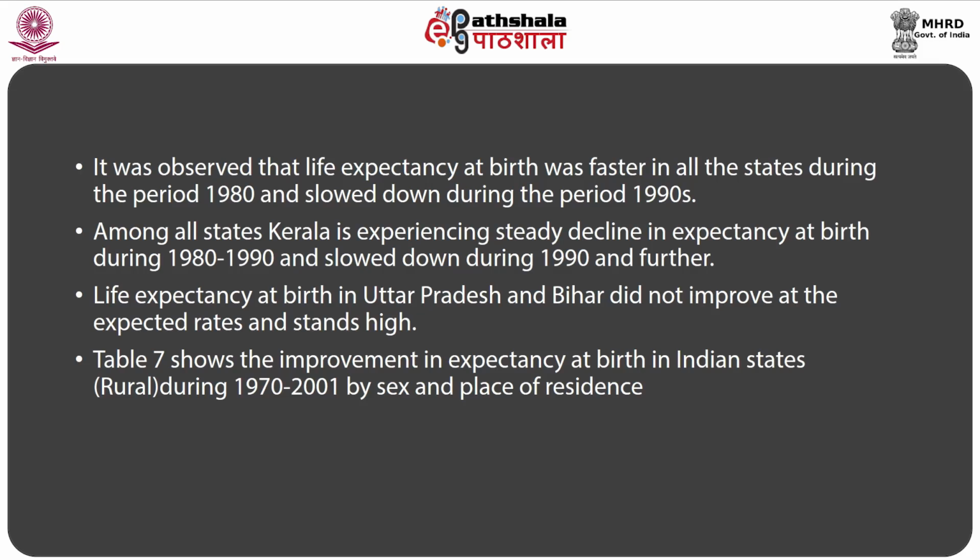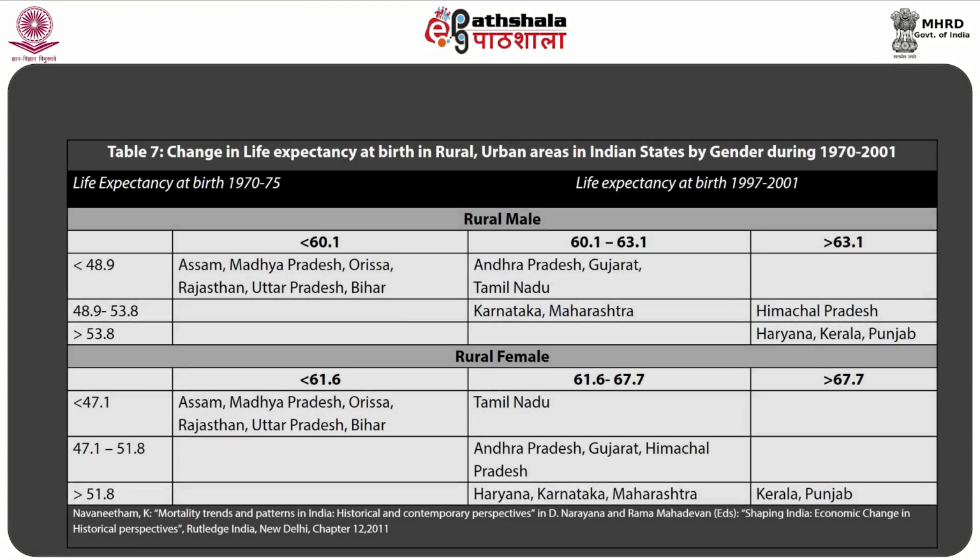Life expectancy at birth in Uttar Pradesh and Bihar did not improve at the expected rate and stands high. Table 7 shows the improvement in life expectancy at birth in Indian states during 1970-2001 by sex and place of residence.